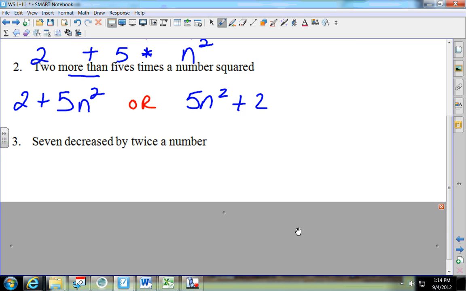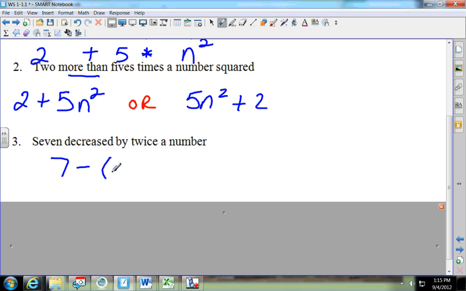Okay, well, let's look at this one. Take a second and try and guess and try and write down how you think we might write it. Not yet. You're supposed to write it down first. You can tell me in a minute. Now you can tell me, how do you think you would write it? So what did you write?